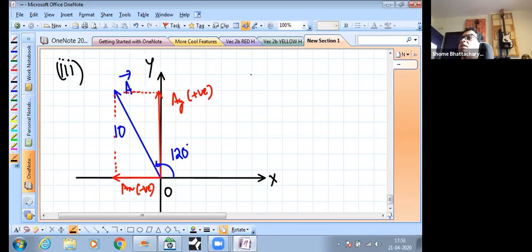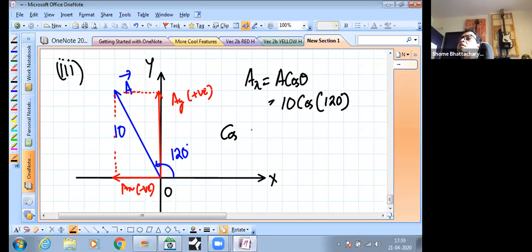Okay, so here Ax, which is A cos theta by definition, is becoming 10 into cos 120. Now remember, cos 120 will be written as minus of cos of 180 minus 120. Okay. So this is where this comes in, that cos theta is minus of cos 180 degrees minus theta.